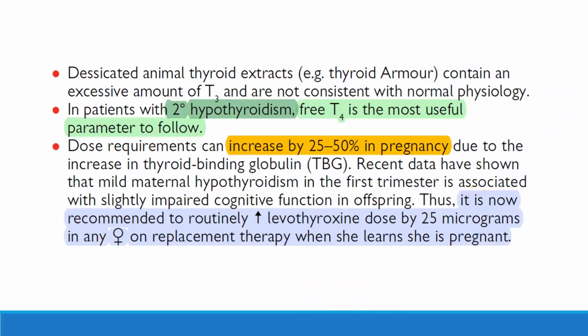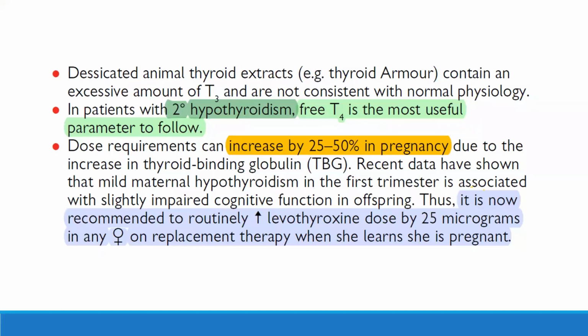Don't forget that in secondary central hypothyroidism, we should follow our patient by free T4, not TSH. In primary hypothyroidism, the main target of treatment is normalization of the TSH, but in central hypothyroidism, it is normalization of free T4.